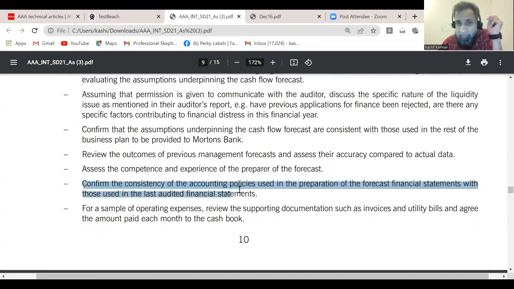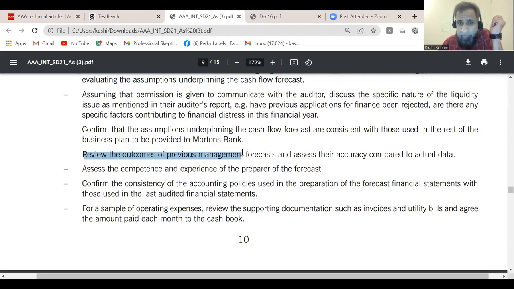Confirm the consistency of the accounting policies used in the preparation of the forecast versus the last year. Has the management changed any accounting policies? Are the accounting policies consistent with the last year? Because if the management is preparing a forecast and they change the accounting policy, that will also have an impact on the inflows and outflows. So are the accounting policies fine with the last year? Journal procedure. Next, look at this.